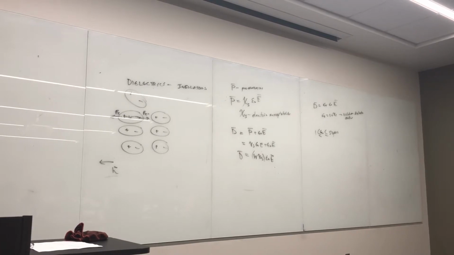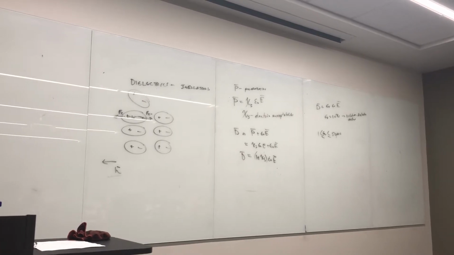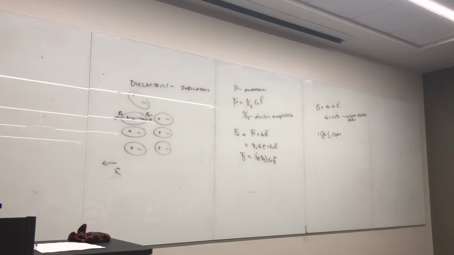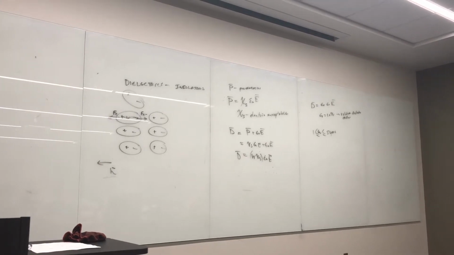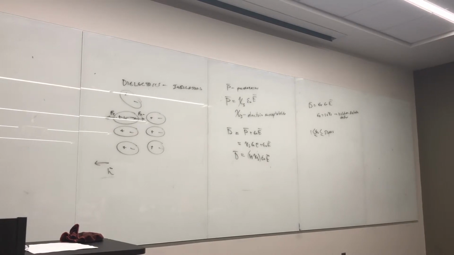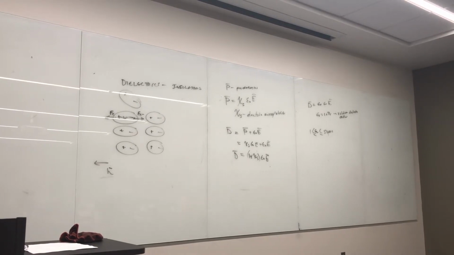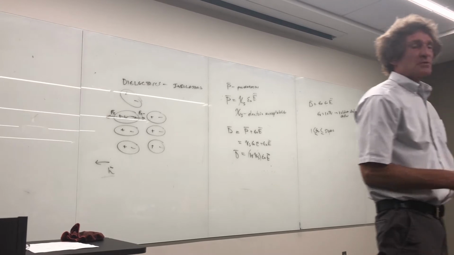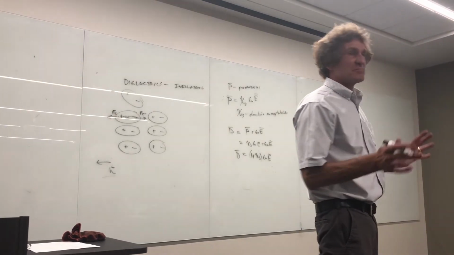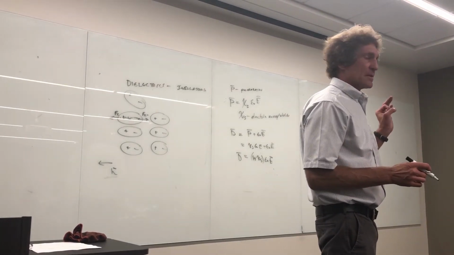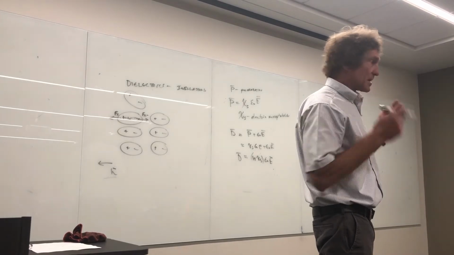Actually, fresh water is about 81. There you go, 81 for distilled water. So you see the range, 1200 is extreme. That's a complicated material. Most of the time you're about 1 to 10. Just keep that in mind. And for most practical insulators, 3 to 5. Those are the ones that we use every day for insulation.